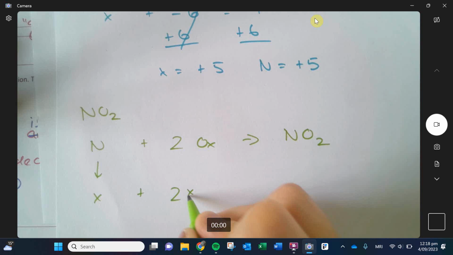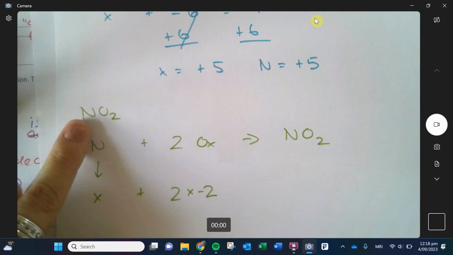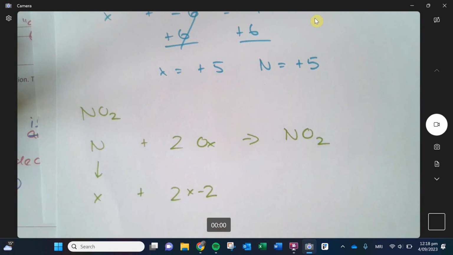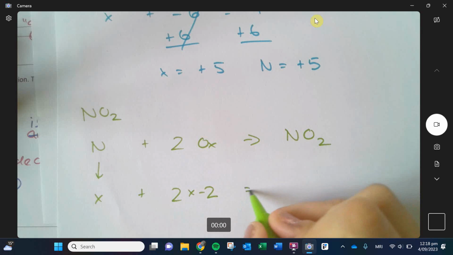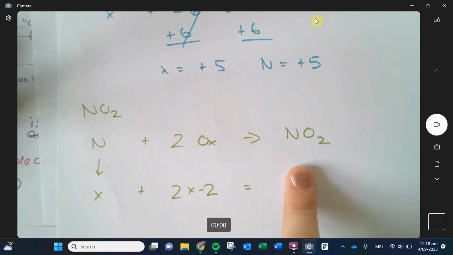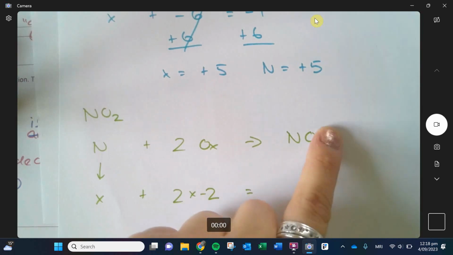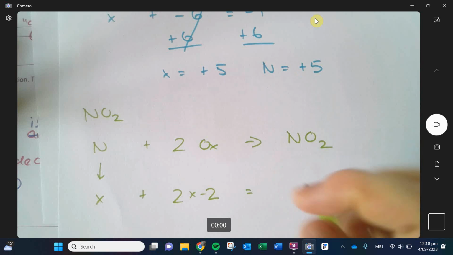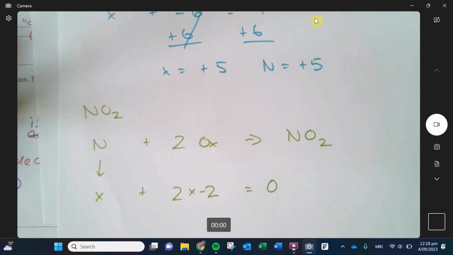I have 2 times -2 because my oxygen's in a molecule, so it keeps to that -2 rule. And I set it equal to, in this case, 0, because oxidation numbers in a molecule equal 0. And this is a molecule. There's no charge on this guy. If there's no charge on it, then just set it to 0.